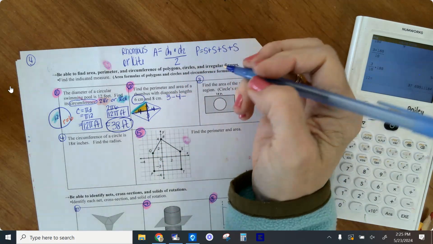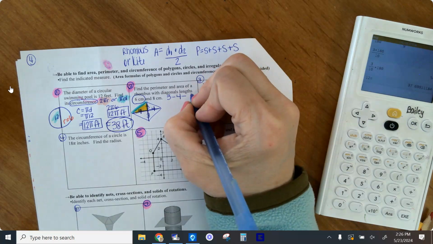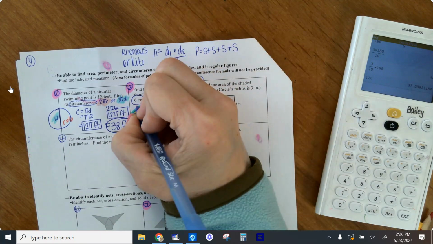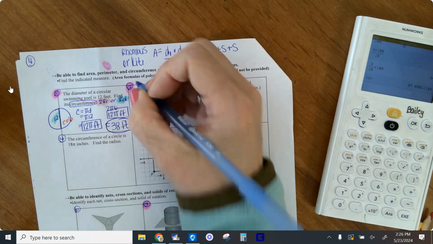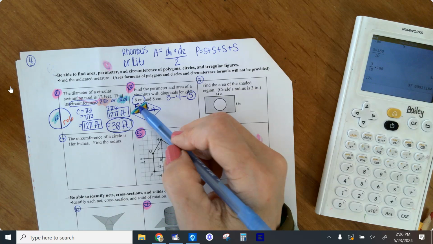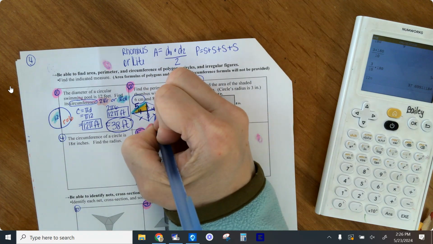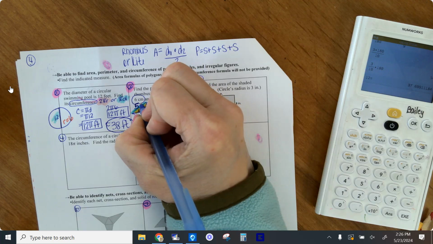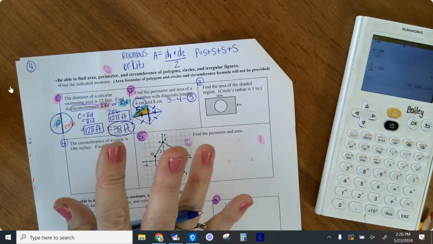Does anybody know the third side of that right triangle without doing the math? 5. It's a triple. If you don't know that, you would have to use the Pythagorean theorem to get your 5. Well, what do you know about the sides of a rhombus? They're all congruent. Okay, so now, perimeter.